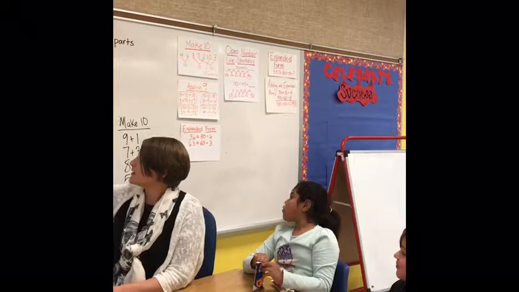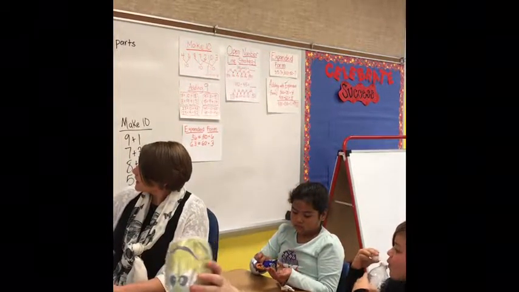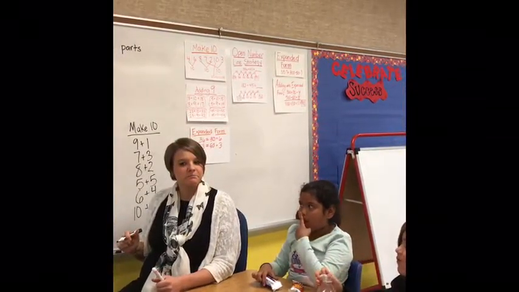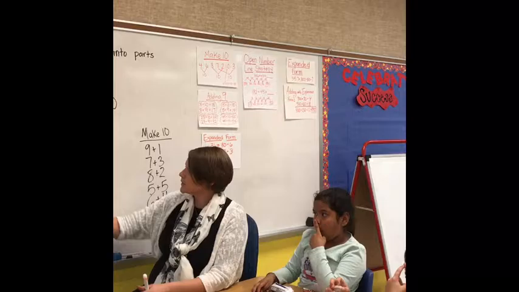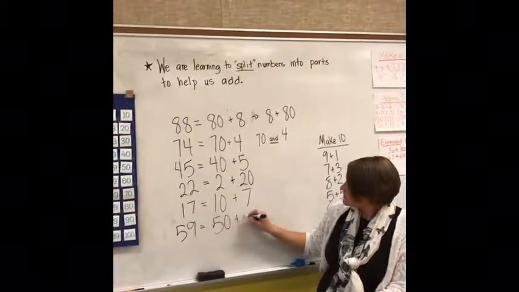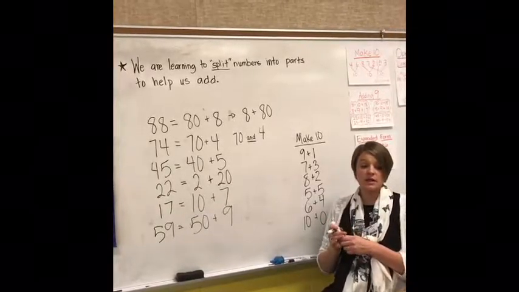All right, I'm going to write it out this way. So 17 equals 10 plus 7. Finger on your nose if you agree. Okay, last one. 59 equals 50 plus 9. Good. Finger on your nose if you agree. Very good. All right, you guys are really, really good at writing numbers.